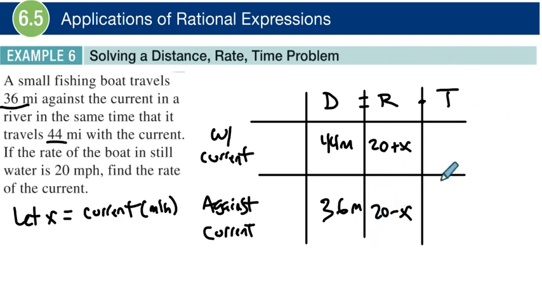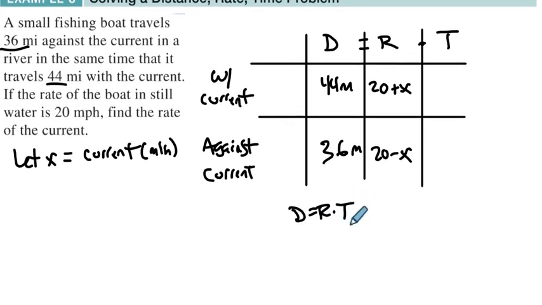All right, and then my time. It says it's the same time, so we don't exactly know what it is, but remember our formula: distance equals rate multiplied by time. So we can solve for t by dividing both sides by r, and t equals distance over rate.